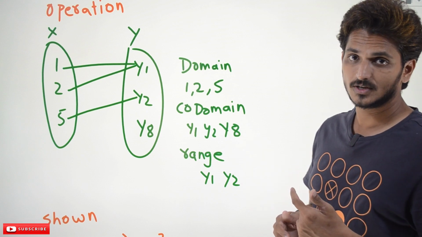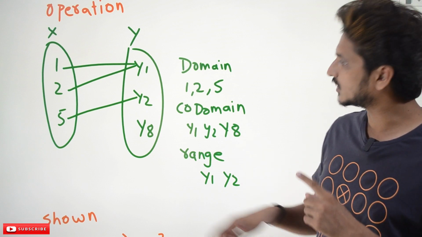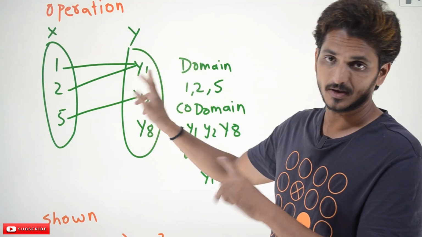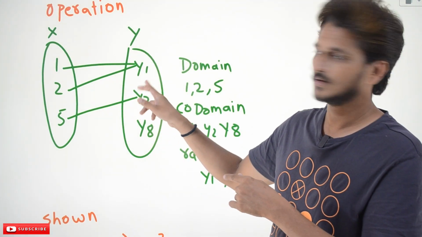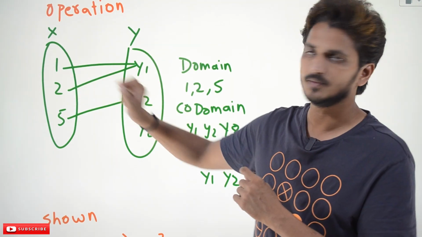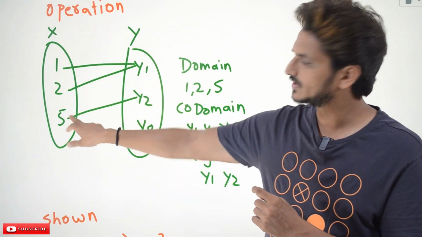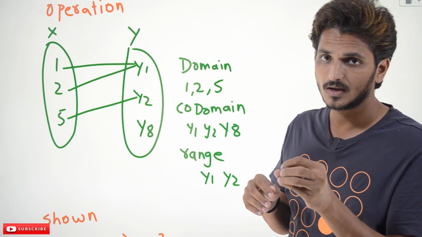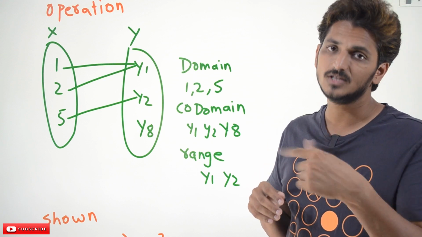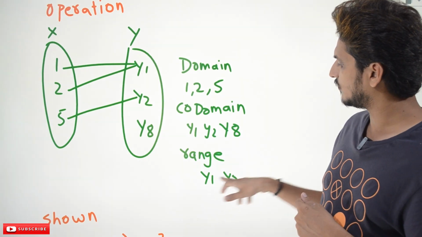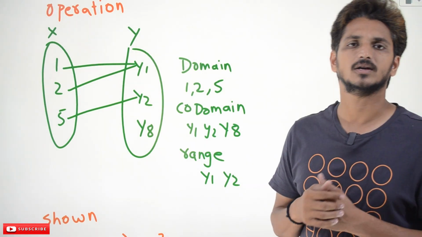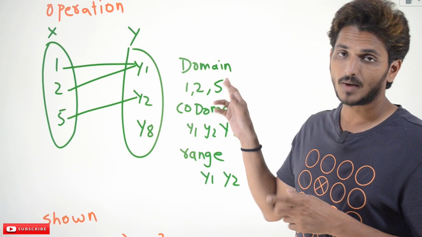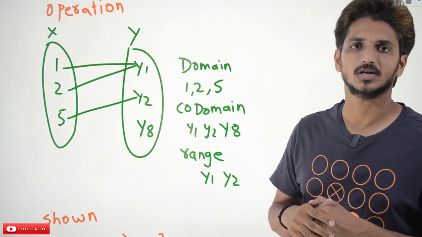And the next definition is the range of a function. Whatever elements in Y are mapped, meaning y1 is mapped with some element in X, y2 is mapped with some element in X, those elements we call the range of the function. So y1, y2 is the range of the function. Domain, codomain, range of the function.